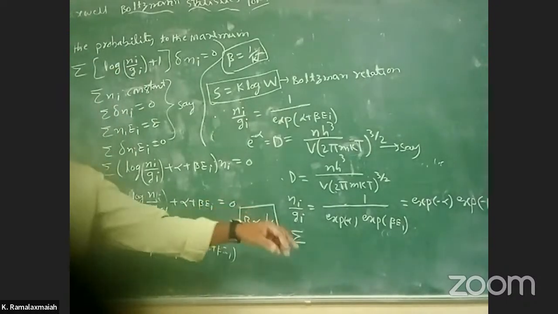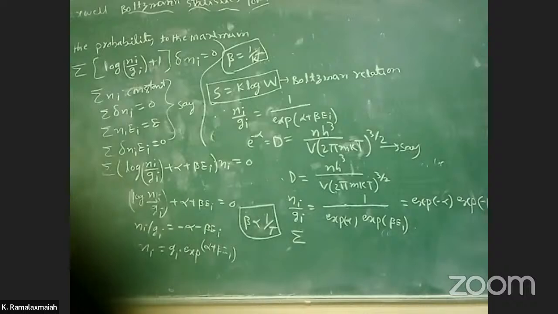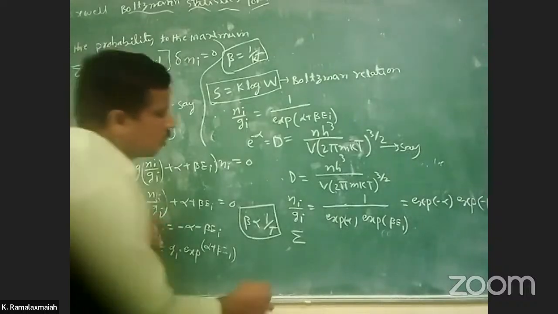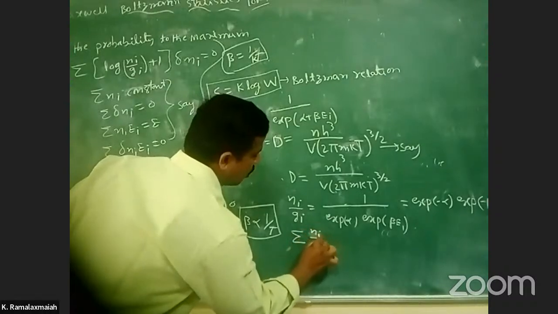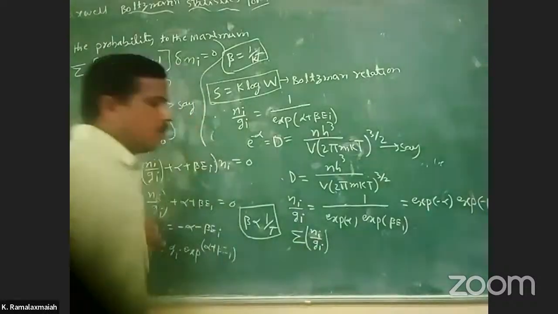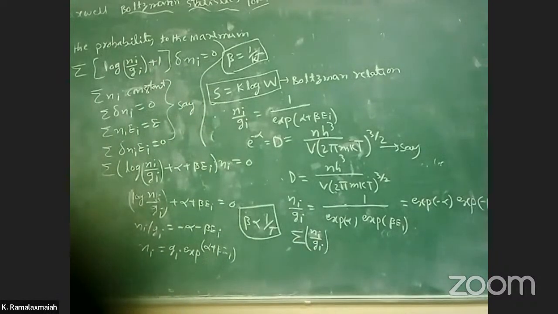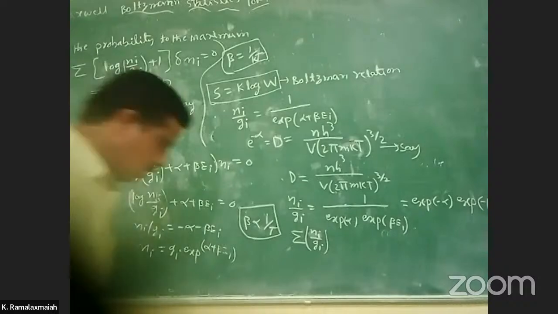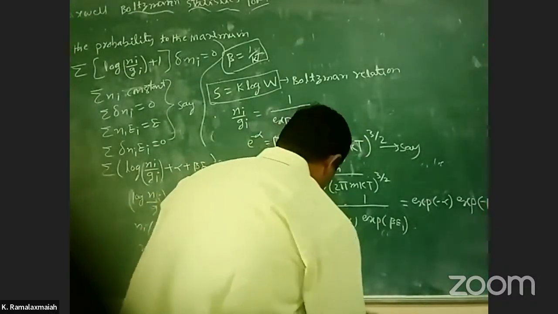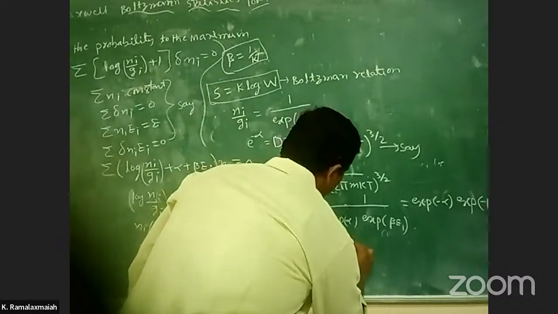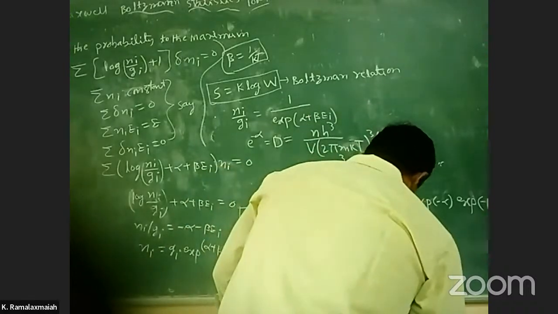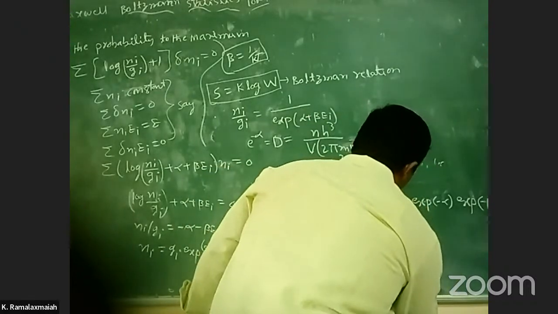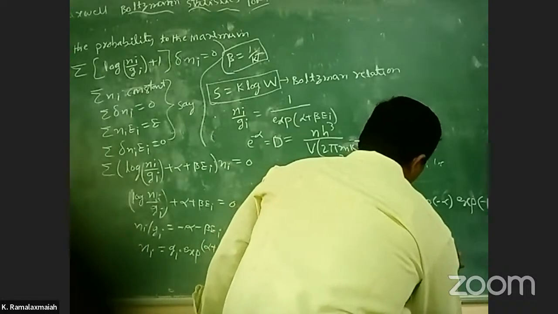Ni by gi into the summation of ni by gi, summation of exponential of minus alpha, exponential of minus beta Ei.